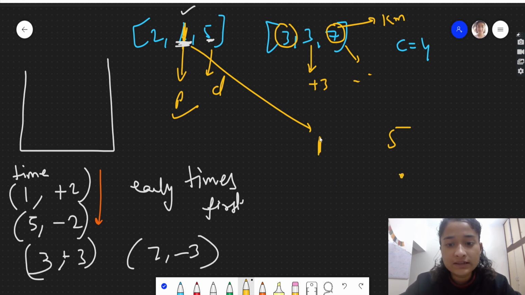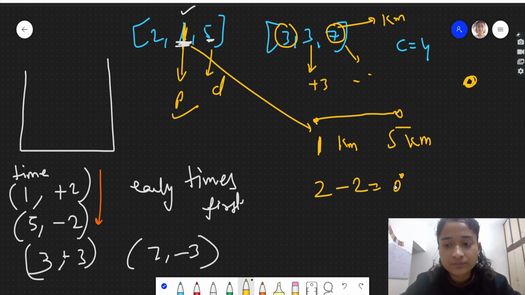From 1 kilometer we are picking up, and we are dropping at 5 kilometer. Initially there were no passengers in the car, so when we pick at 1, 2 passengers are in the car, and then we drop at 5, so the passengers in the car are now 0.